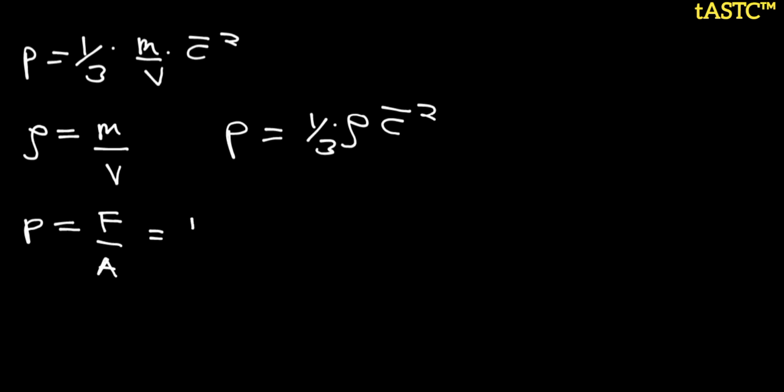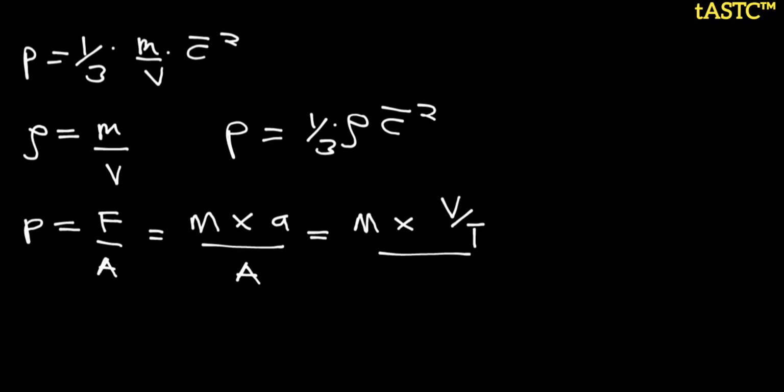Force is the mass of a substance multiplied by the acceleration. Acceleration is the velocity of an object moving in some direction, divided by time. This is all divided by the area.